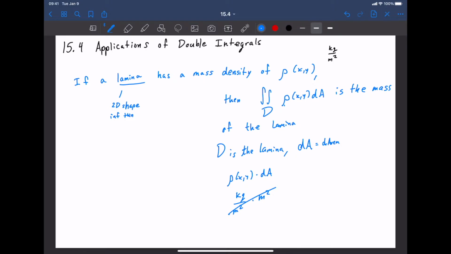Now, this rho does not just have to be mass. It could be a charge density function, or a temperature density function, finding the temperature at each point in the piece of paper on a hot plate, for instance. There are lots of things that rho can represent, and anything that rho is will change our interpretation of the integral.